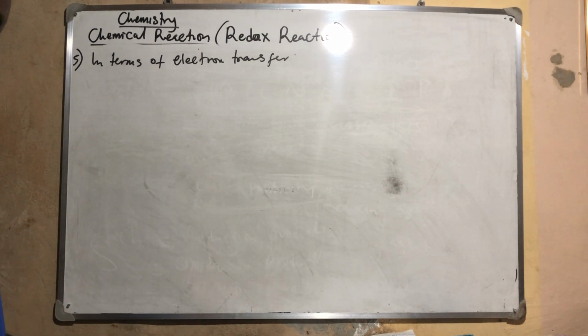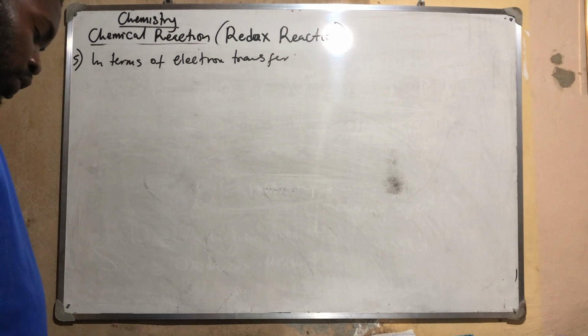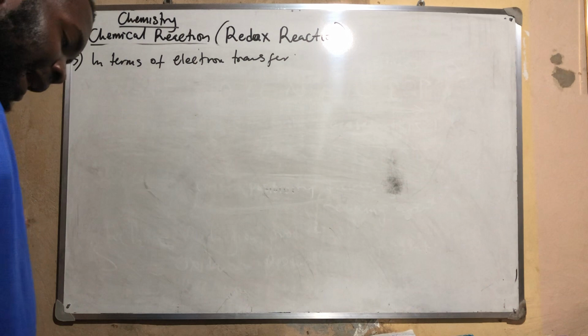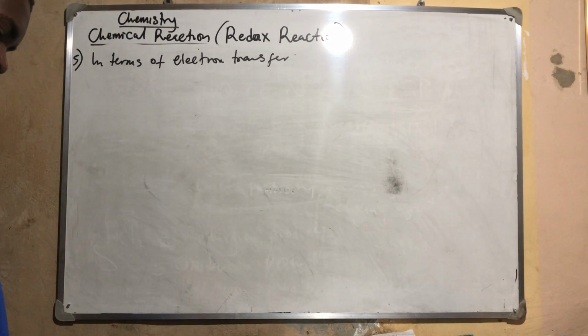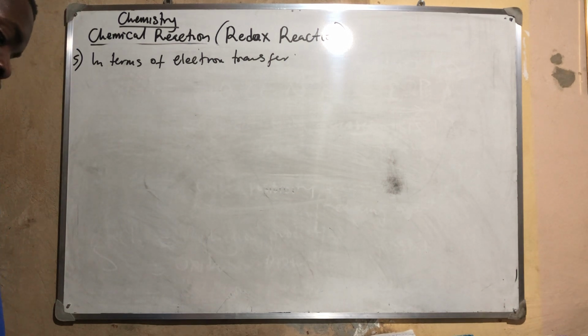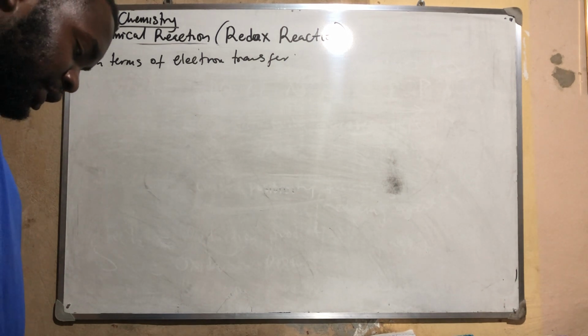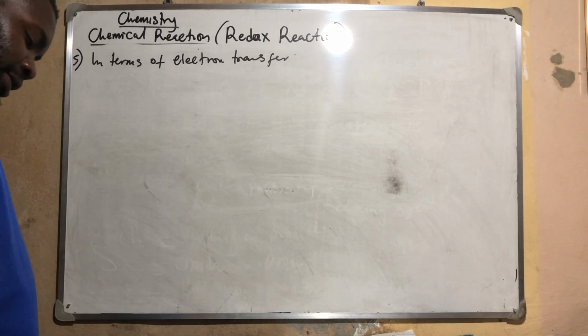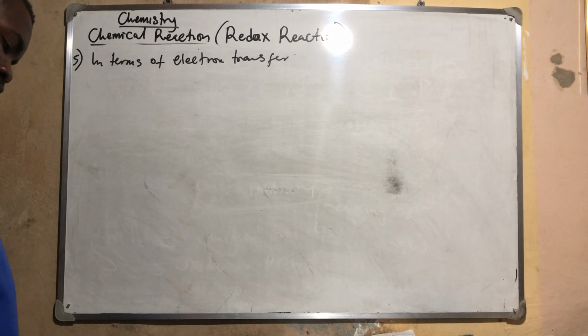All right, reduced species, which is also known as oxidizing agent, is the element that accepts or receives electrons. In other words, oxidizing agents or reduced species are receivers or acceptors of electrons, while a reducing agent or oxidized species is an element that donates or loses electrons.